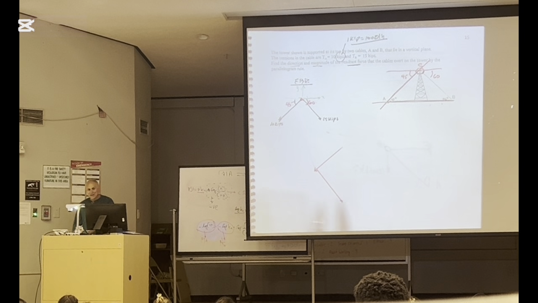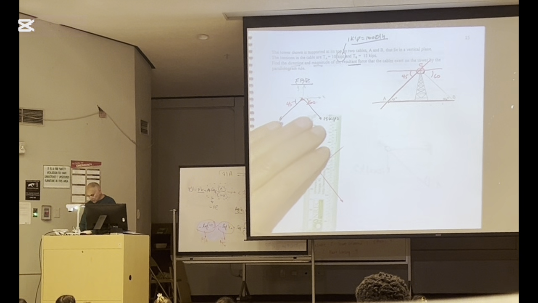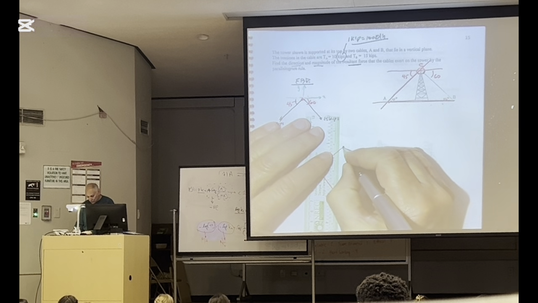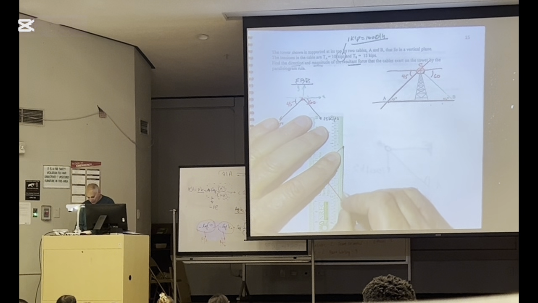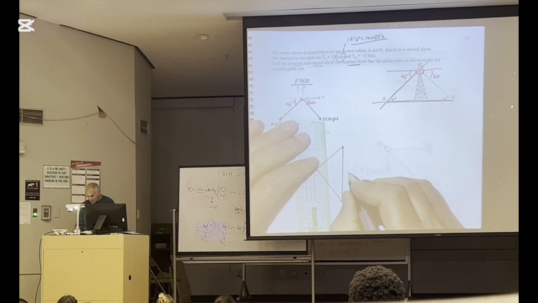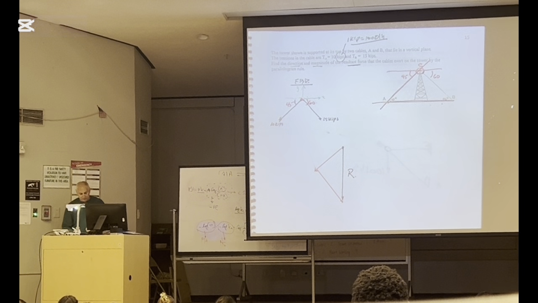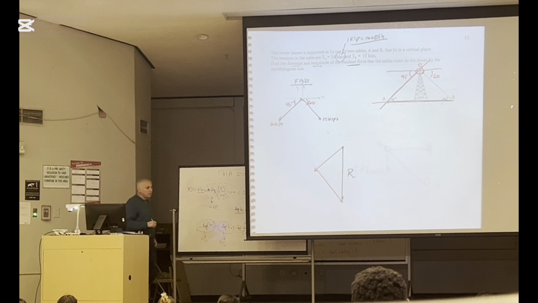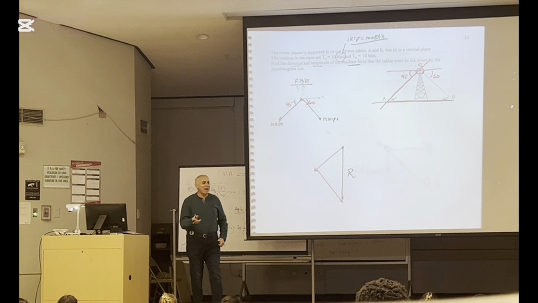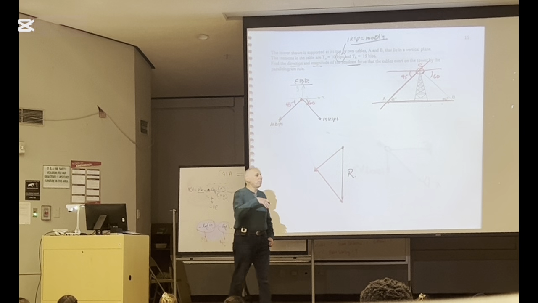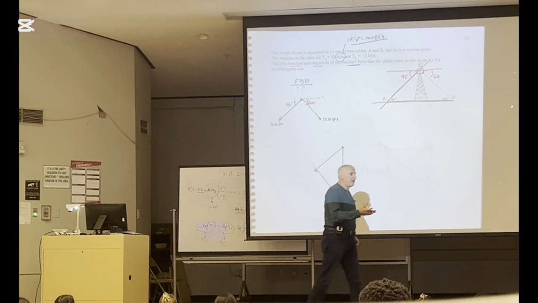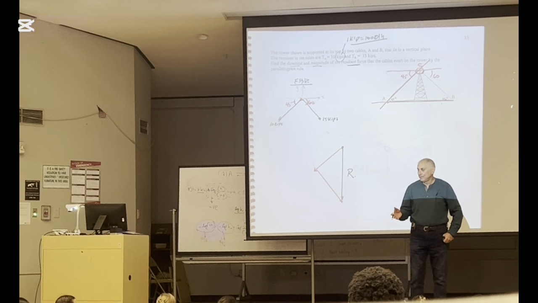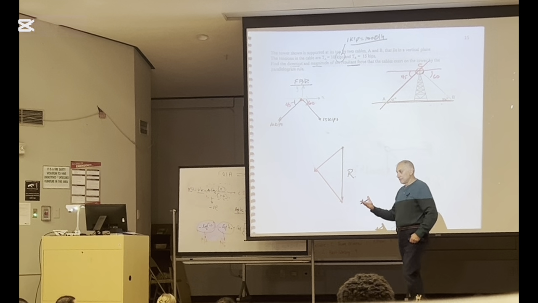And then I'm going to connect the tail of the first to the head of the second. That's going to be my result. By the way, it doesn't matter whether I say A plus B or B plus A. Why? Because it's geometry, right?